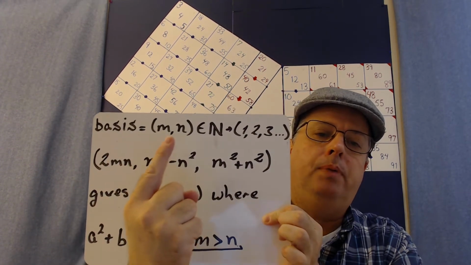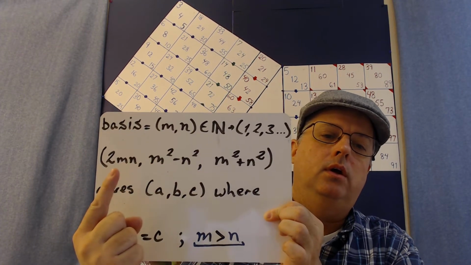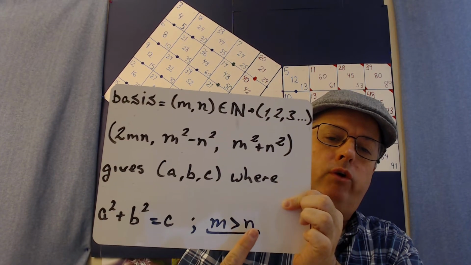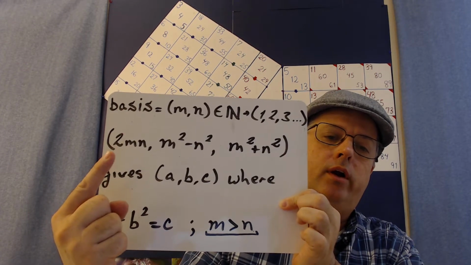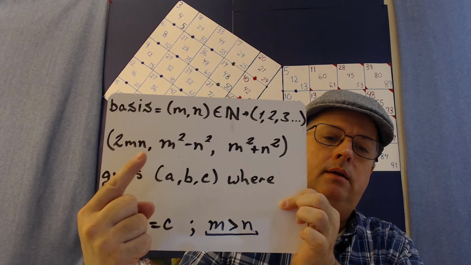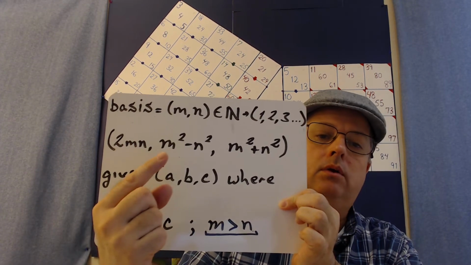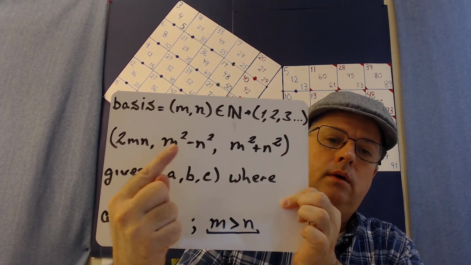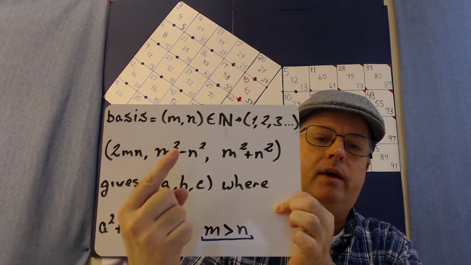If you pick any two m and n values, where m is greater than n, that's very important, and run them through this formula, where you first do 2mn to get the a or sometimes the b value, and then you run the m and the n through m squared minus n squared to get the a or sometimes the b value.